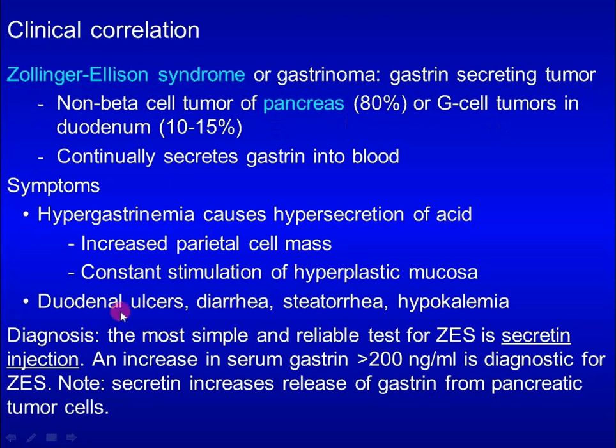The second effect is duodenal ulcers. To diagnose this condition, the simplest and most reliable test is secretin injection, because secretin increases release of gastrin from pancreatic tumor cells. An increase in serum gastrin is diagnostic.